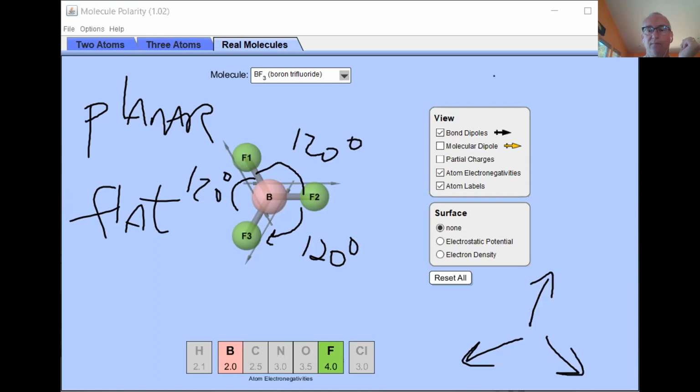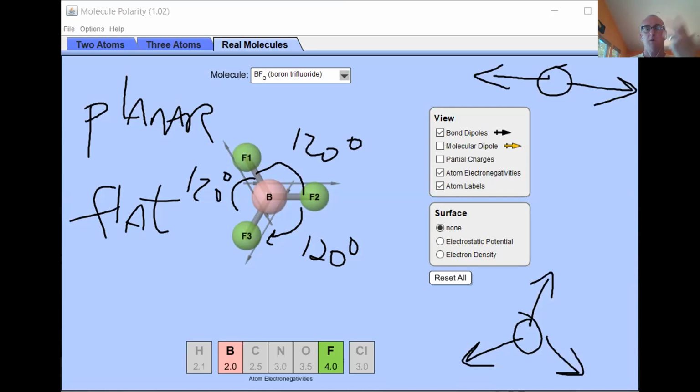Just like these two arrows are completely symmetrical. When I add them together, I get zero. These three arrows are completely symmetrical. So when I add them together, I get zero. Basically, anywhere there's symmetry, when I add everything together, I'm going to get zero because it's the same all the way around.